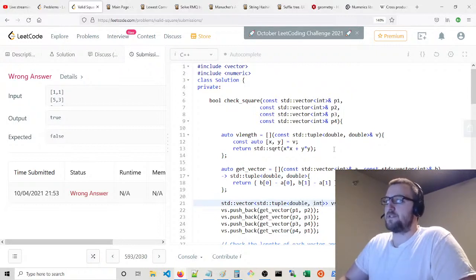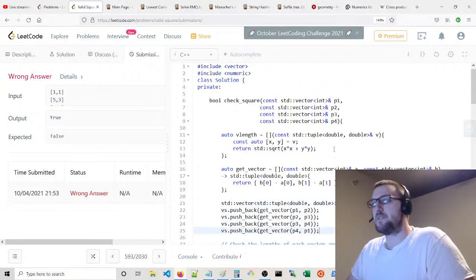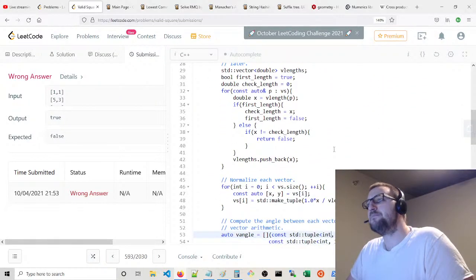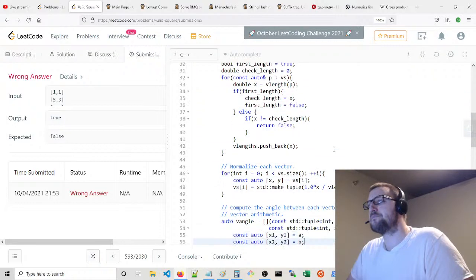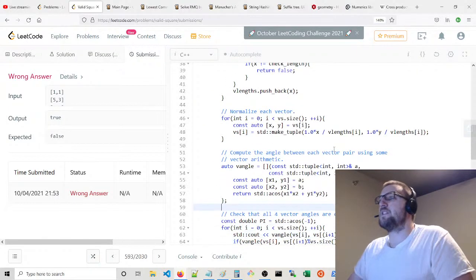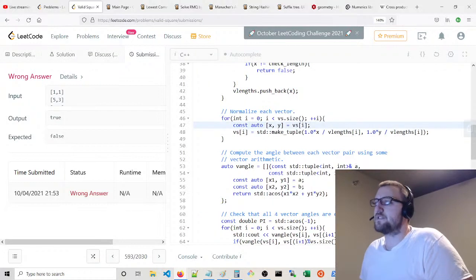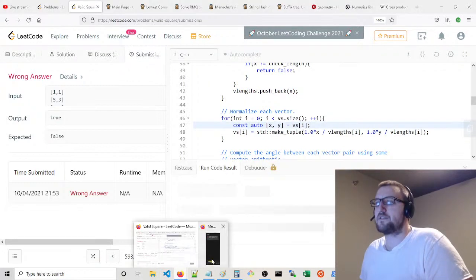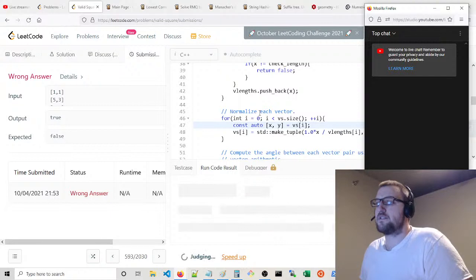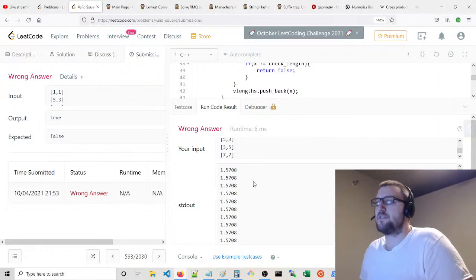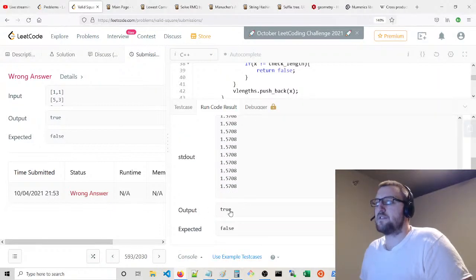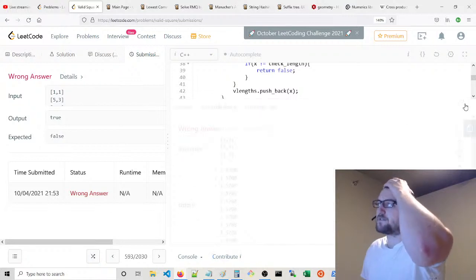They really should just all be doubles all the way across. Yeah, it's kind of silly what I was doing. Still wrong though. It should be false, not true.